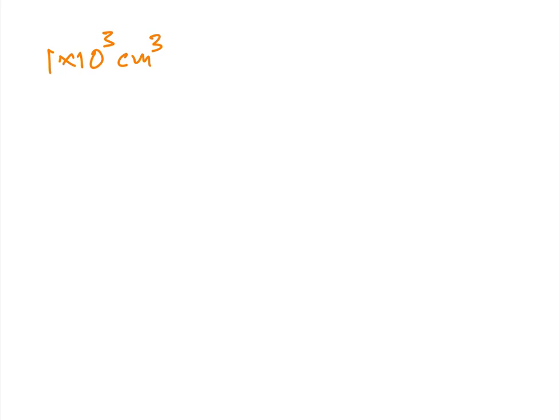So let's explore a number of different ways that we can write this down. If we are trying to convert from centimeters cubed and ultimately end up in meters cubed, what we're effectively doing is wanting to cancel out the centimeters cubed with a meters cubed up top.